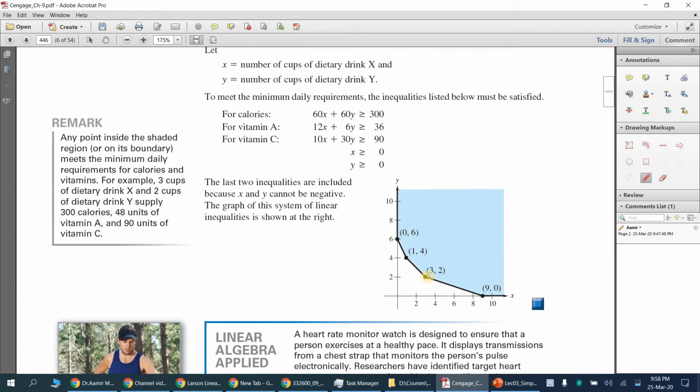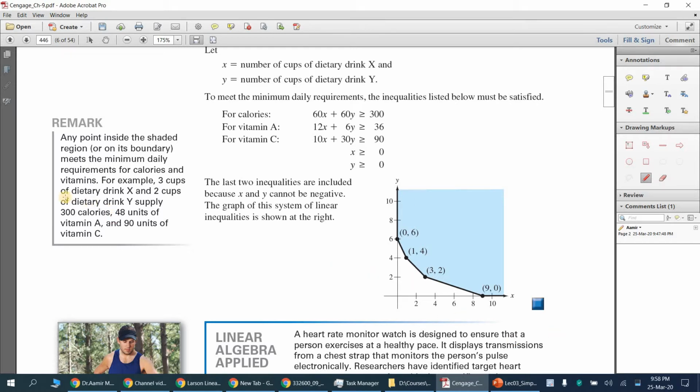This will give you the graph shown below. You see over here the feasible region is shown by this blue area, and this is the lower limit of the feasible region. Clear? Any point inside this blue shaded region meets the minimum daily requirement for calories and vitamins.